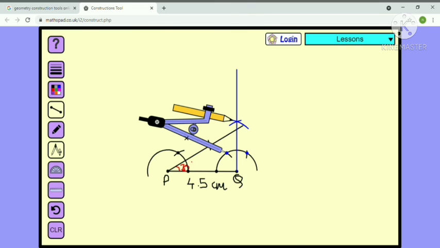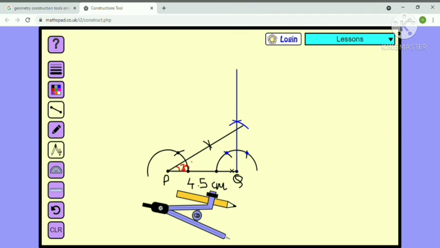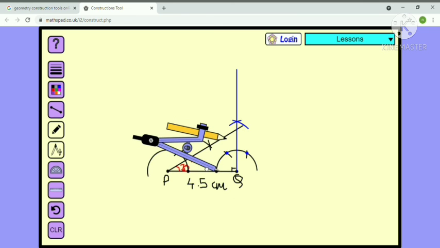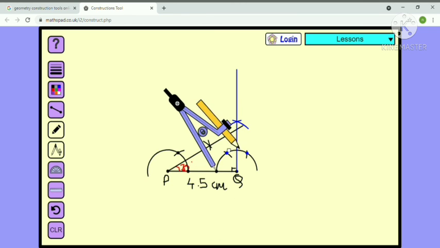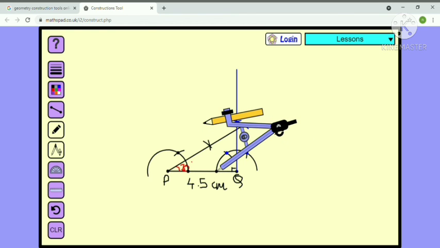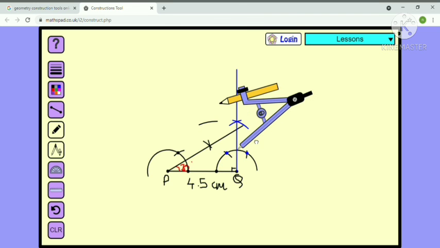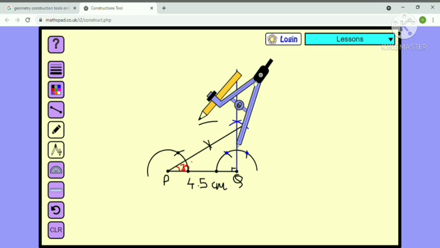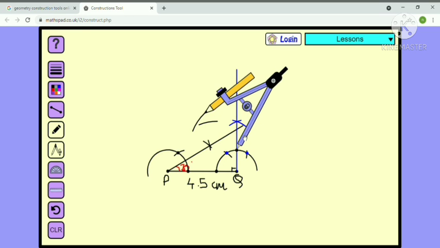Now if we bisect this, as this is 90 degree, if we bisect 90 degree into two equal parts, it will be 45 and 45. So for bisecting, this is the distance. So we will take more than that, and we will draw one arc by keeping it at one point, and by keeping it on 90 degree, we are going to draw another arc.